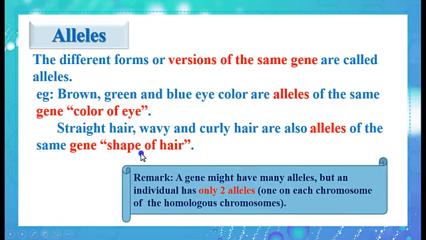As a remark, a gene might have many alleles, but an individual has only two alleles, one on each of the homologous chromosomes, carried one from maternal and one from paternal. As a conclusion, the genes are part of the chromosomes and carry specific hereditary traits, while the alleles are different forms of the same gene.